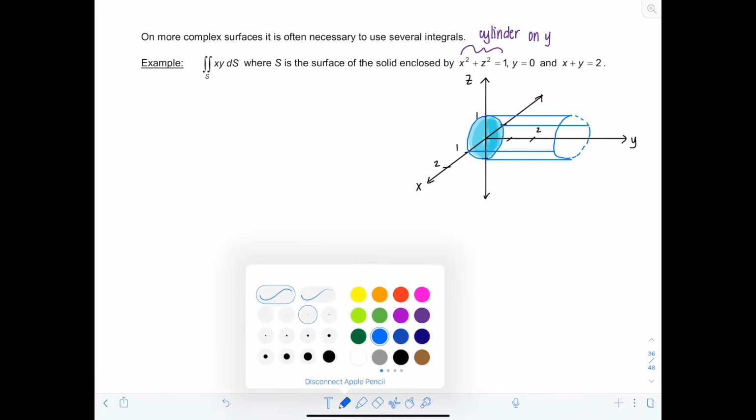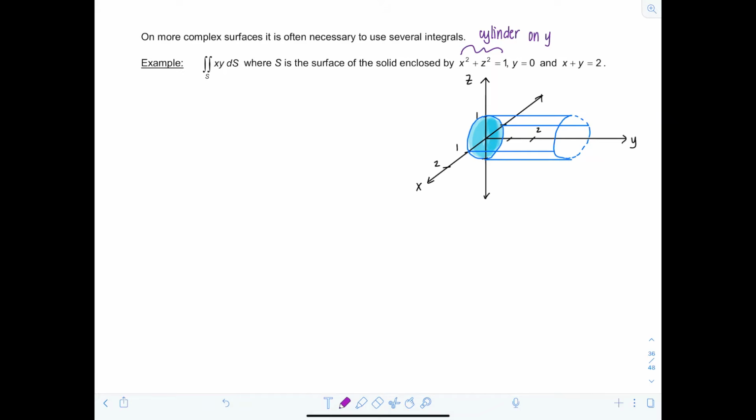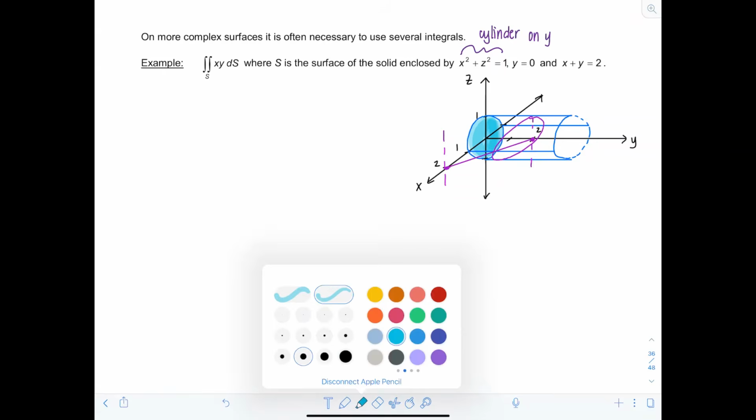I'm just going to draw the line x plus y equals 2 in the xy plane, and then imagine projecting it parallel to the z-axis. It's going to come and cut through our solid at an angle, something like that.